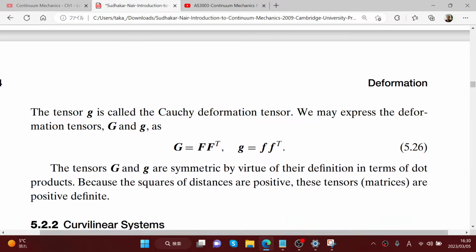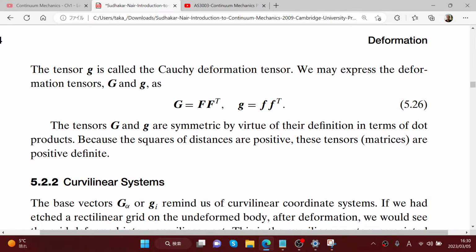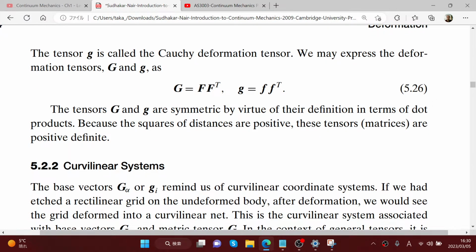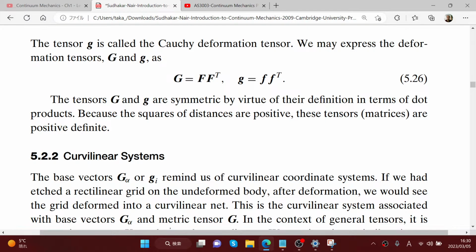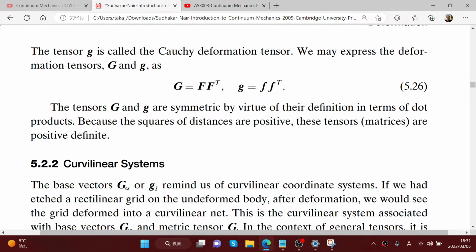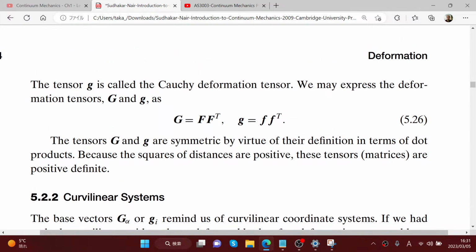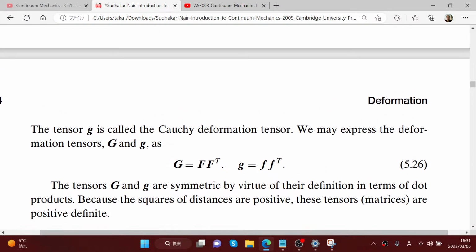We may express the deformation tensors large G and small g as G equals F F transpose. The tensors G and g are symmetric by virtue of their definition in terms of dot product, because the squares of distance are positive. These tensors are positive definite.